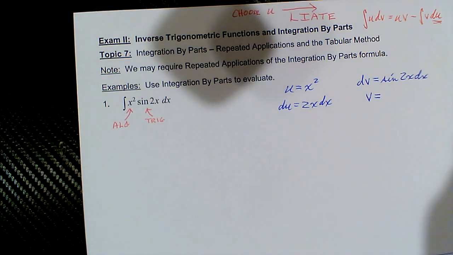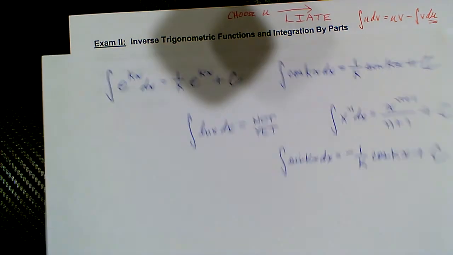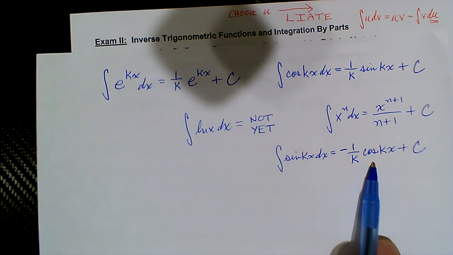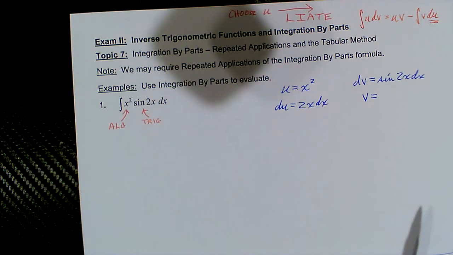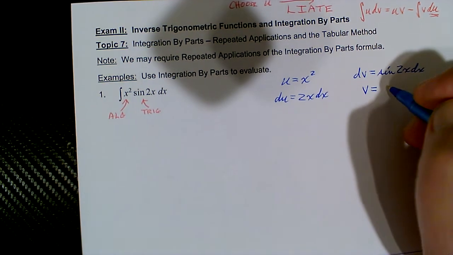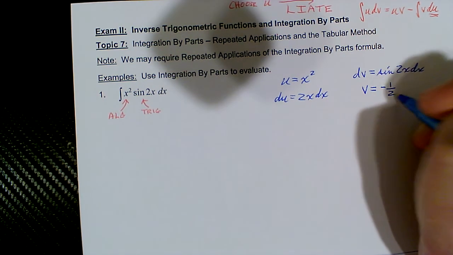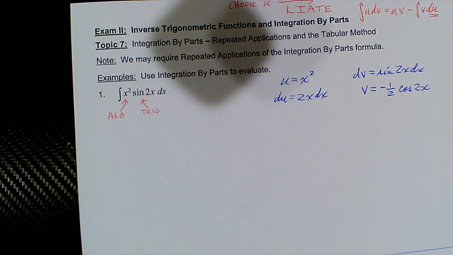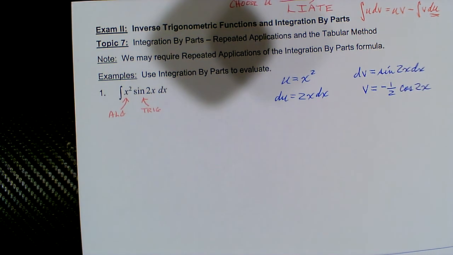That's our integration formula for the sine of kx again, so recall that, it's negative 1 over k cosine of kx. We had that from last time. And so integrating sine of 2x, we get negative 1/2 cosine 2x. Okay, remember we don't add a constant of integration there.